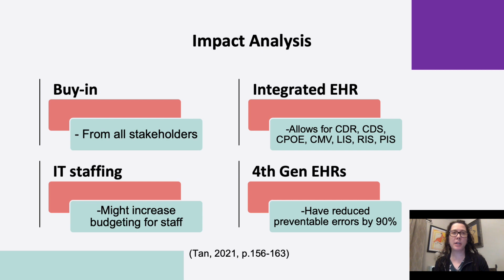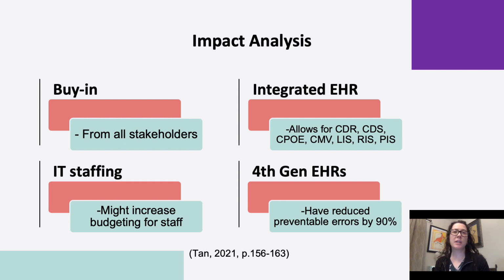An integrated EHR will have a clinical data repository, or CDR, clinical decision support, or CDS, computerized provider order entry, CPOE, and controlled medical vocabulary, or CMV. Other systems can also be integrated, like laboratory information systems, or LIS, pharmacy information systems, or PIS, and radiological information systems, or RIS.